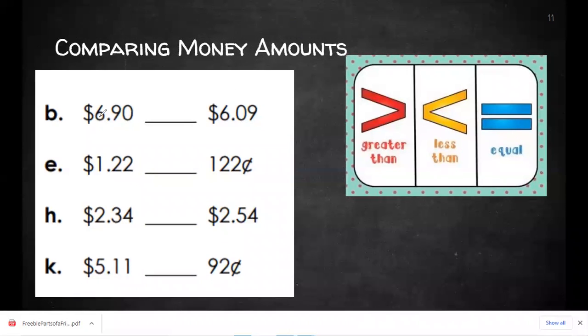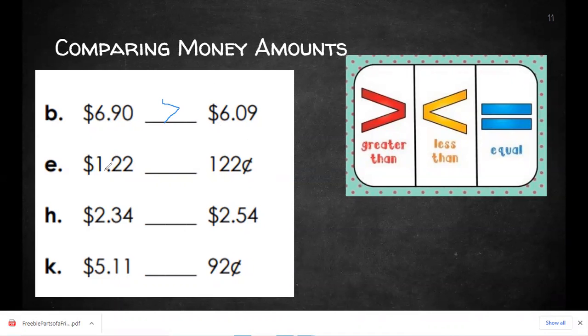So is $6.90 greater than, less than, or equal to $6.09? Right, it's greater than. So I'm going to put my greater than sign. Now this next one's a little tricky, but I want you to pay close attention.